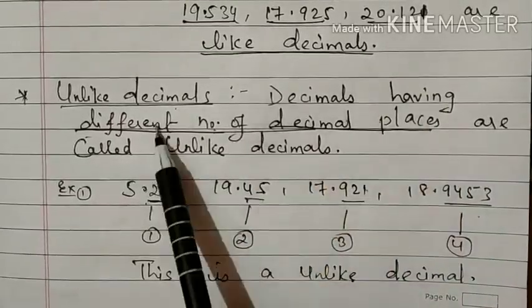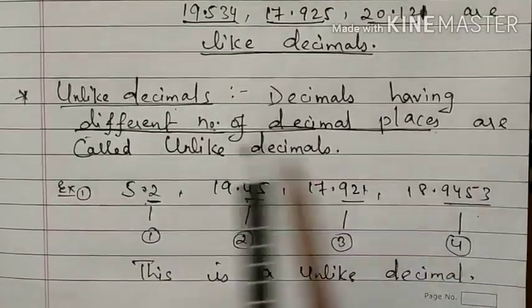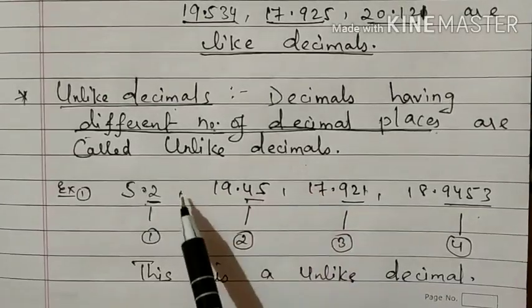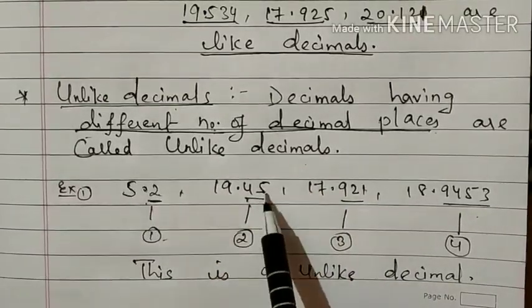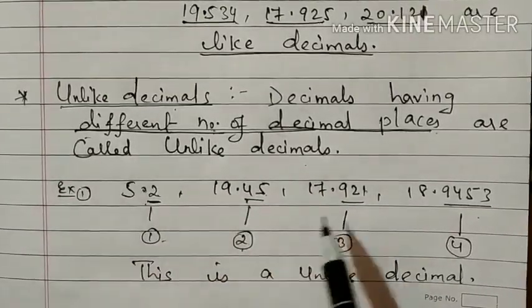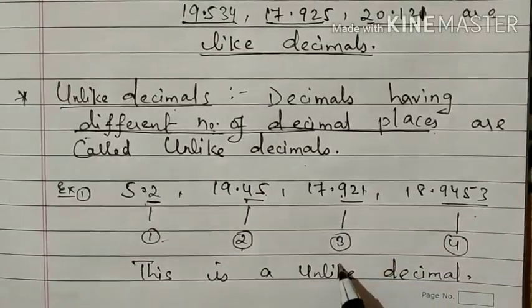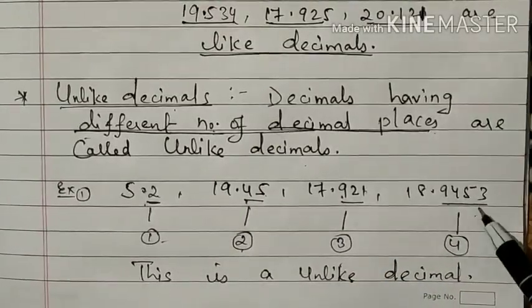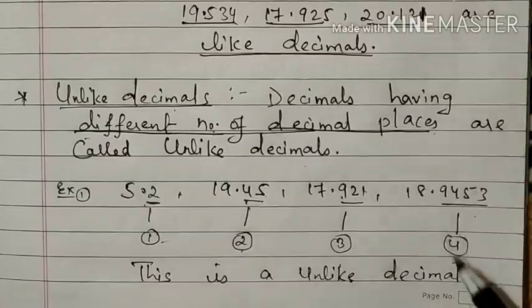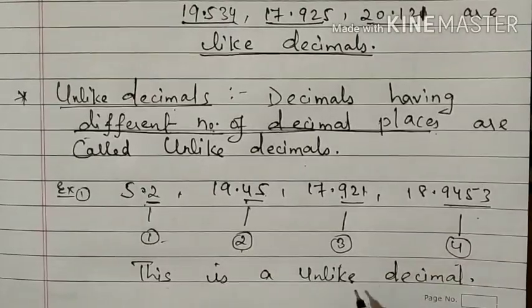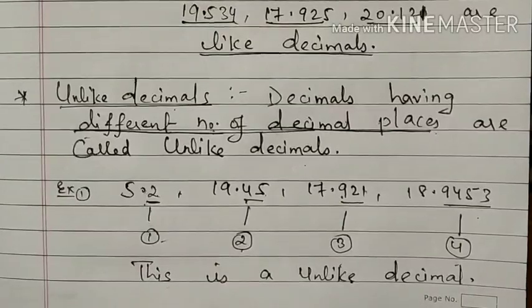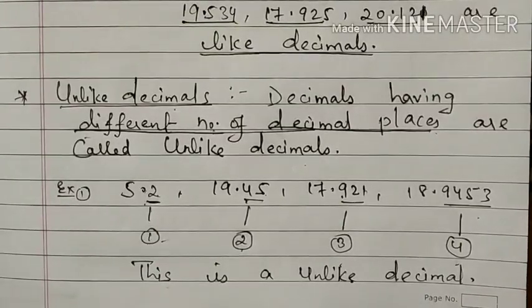Decimals having different numbers of decimal places are called unlike decimals. 5.2 had one place of decimal, 19.45 had two, 17.921 had three, and 18.9453 had four places of decimal. So this is an unlike decimal. I hope it is clear to all of you.